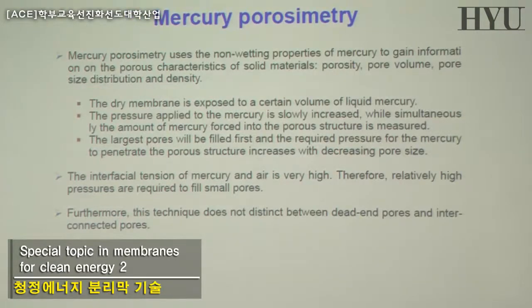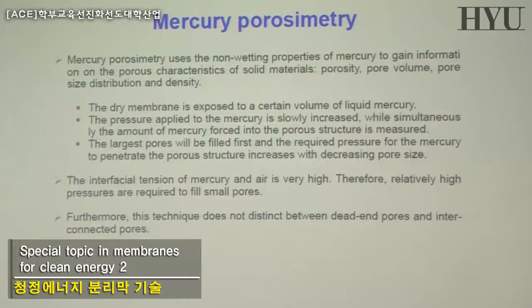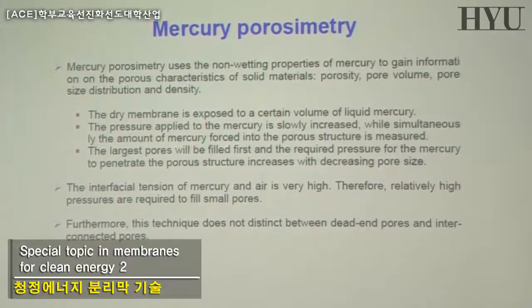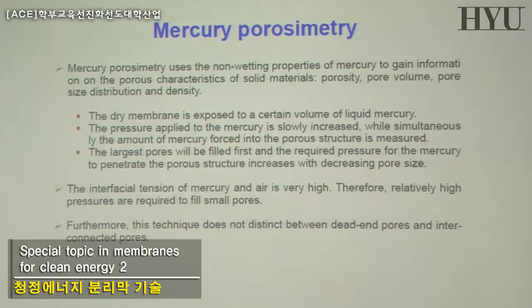We can replace this water with mercury if the pore is very small. Okay? If the pore is quite large, that's no problem, but if the pore is quite small, then we can use mercury instead of a liquid. Mercury porosimetry uses the non-wetting property of mercury to gain information about the pore characteristics of solid materials.